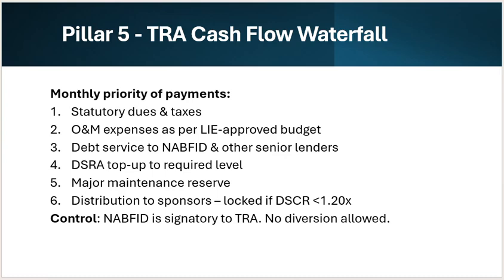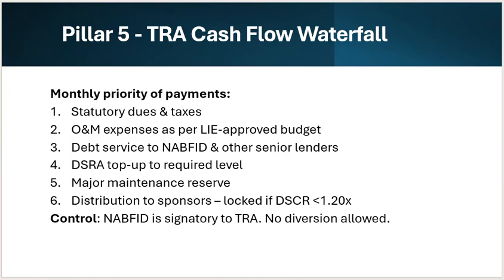Then debt service to the NABFID or other senior lenders. Third, it gets the funds for debt service, and then if there are funds, we top up the DSRA account, or if we need to keep some, we place funds in the major maintenance reserve account.